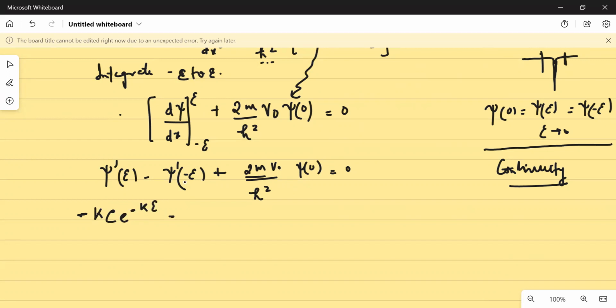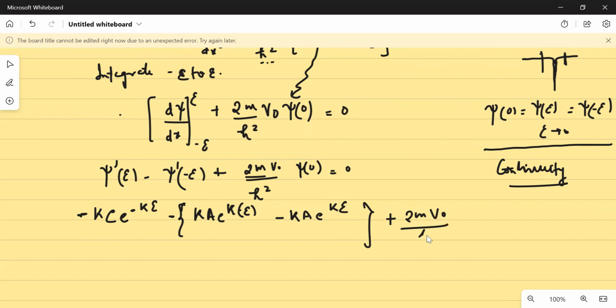Minus, to the left of 0, your equation is, I think, k A e to the power k minus epsilon, and then you had minus k A e to the power k epsilon, because you had a negative here, so the negative comes up, and you write minus epsilon. Is that clear? Have I made any mistake? Because if I make some mistake, it will be too difficult for us to locate it again, so kindly keep checking all these things.